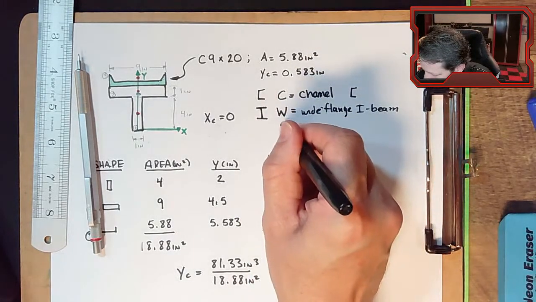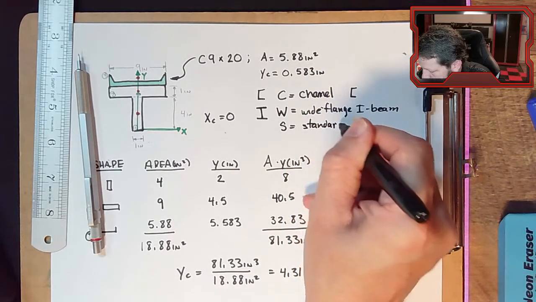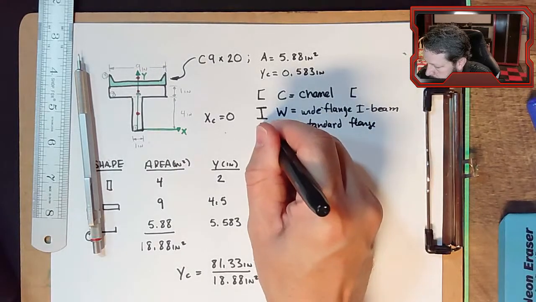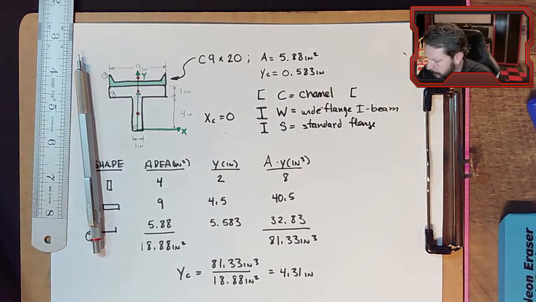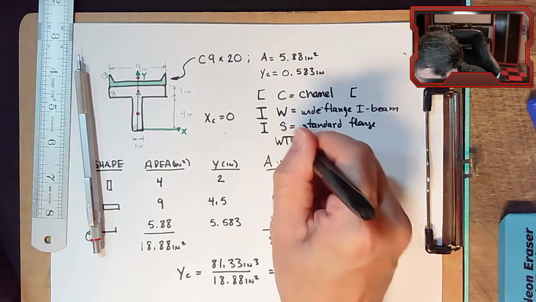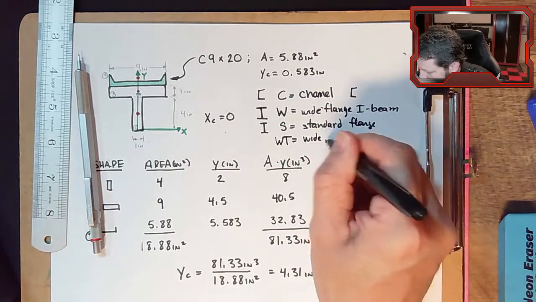There's an S, that's a standard flange I-beam. So it has the same general I shape, but the flanges are narrower. There's a WT, which would be a wide flange T-beam.